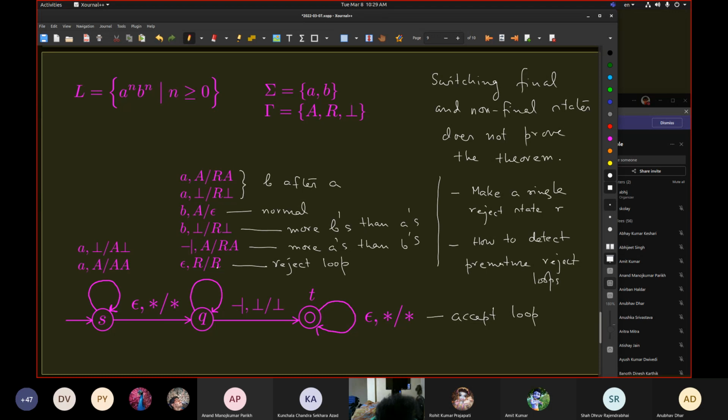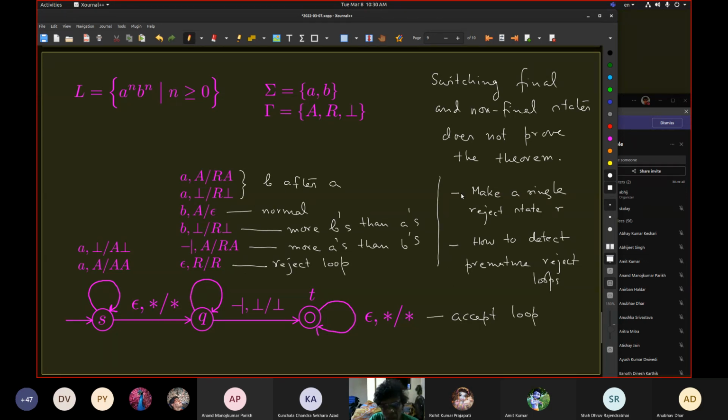Okay, as it is happening here. Once R is there, it enters something like an infinite loop without ever consuming the remaining part of the input, including this end of string marker. Okay. So how to do that? This is perhaps an easier problem to solve, but this part is somewhat complicated.